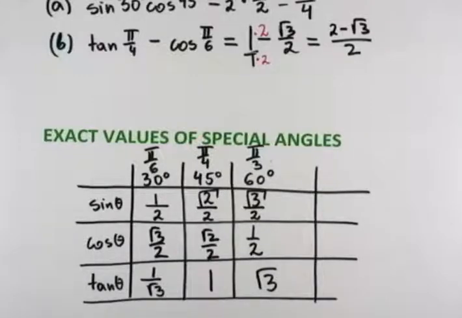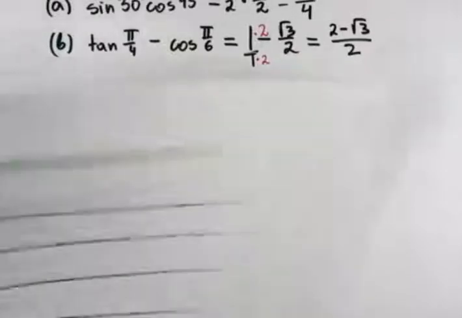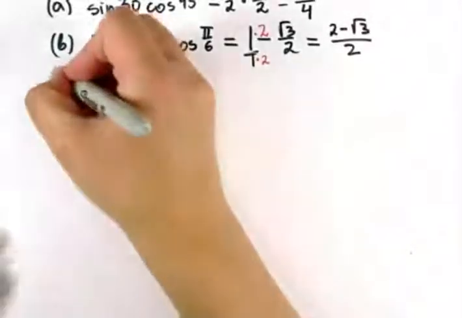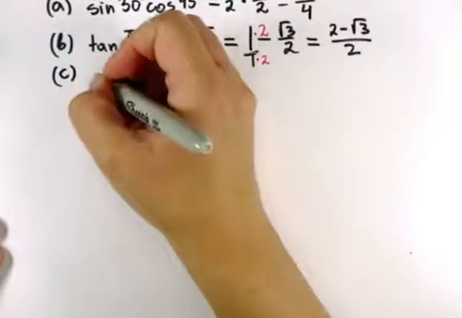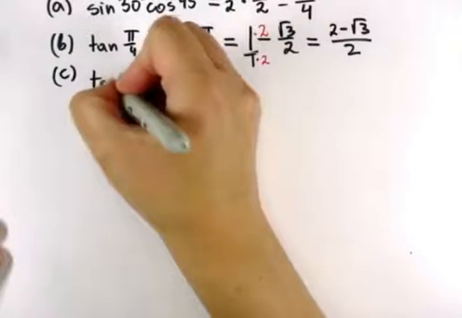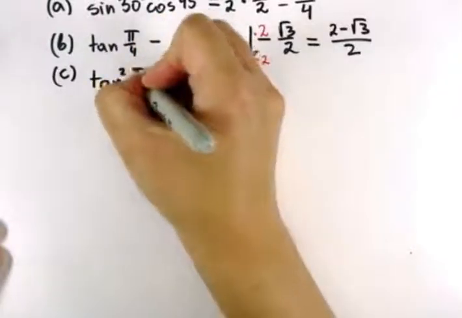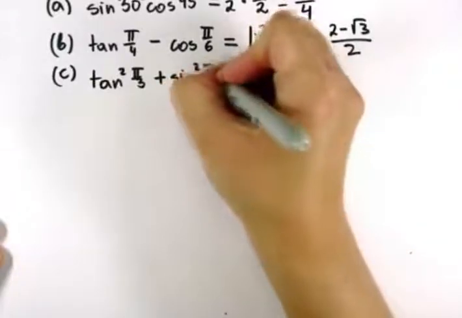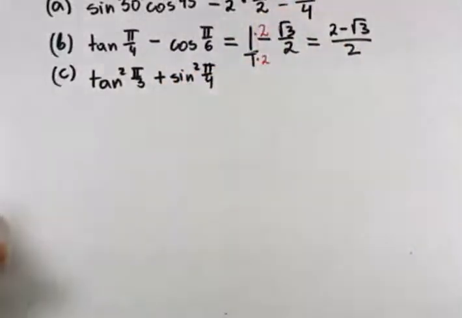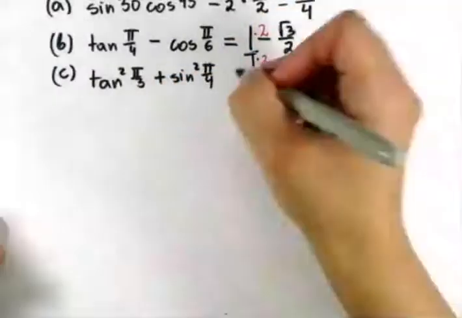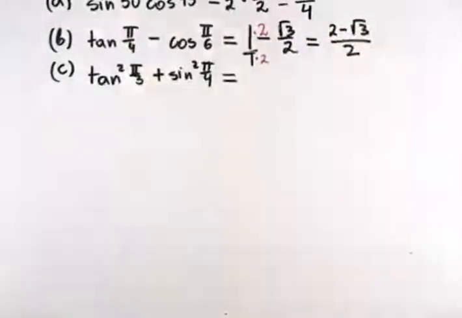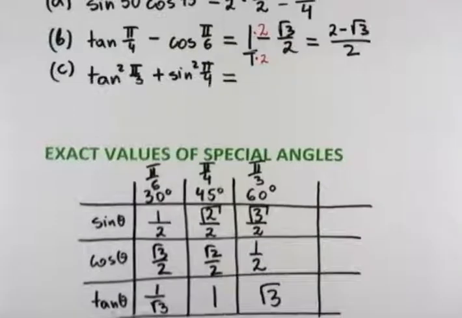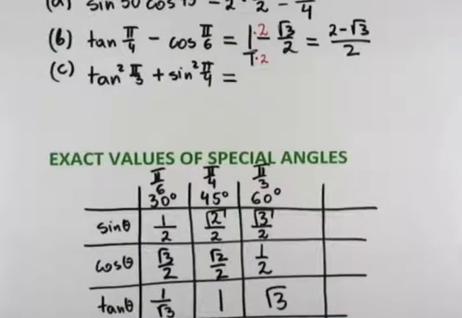Example C. We have tangent squared pi over 3 plus sine squared pi over 4. We need to find these values, and then square them.